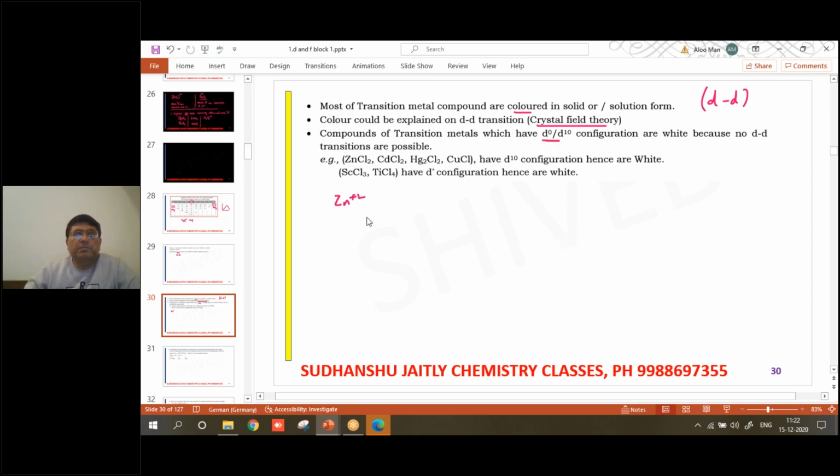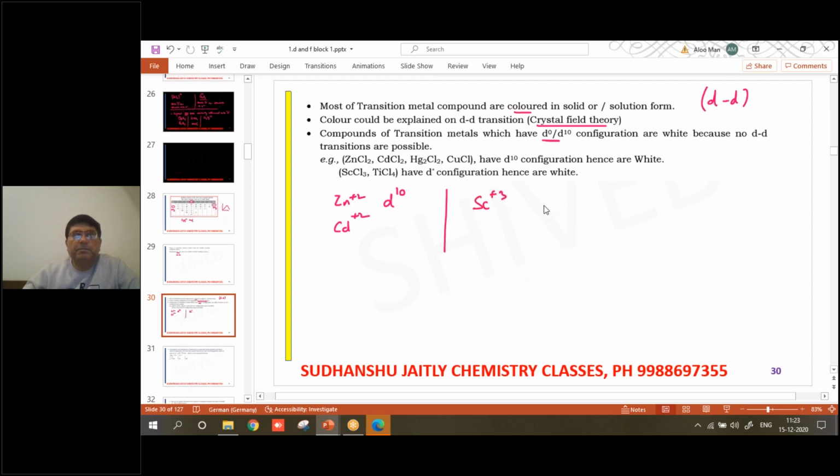Zinc +2, d10. Cadmium +2, d10. Mercury, right? Zinc, cadmium, mercury, cuprous all have d10 configuration.